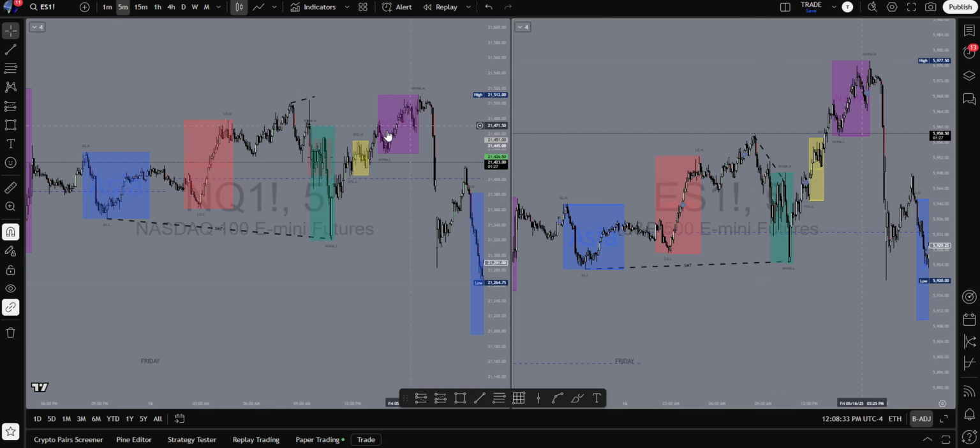So what do we realize? Pre-market, New York swept it, New York didn't sweep it. This is why we had our distribution leg down here. We started consolidating a little bit. Then we had our actual manipulation leg.